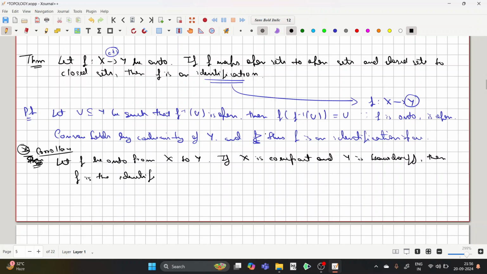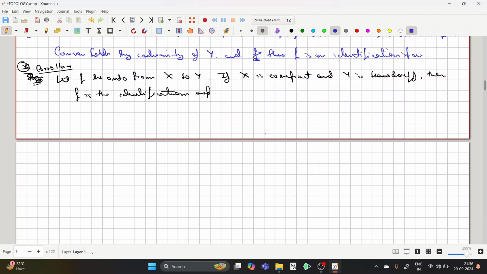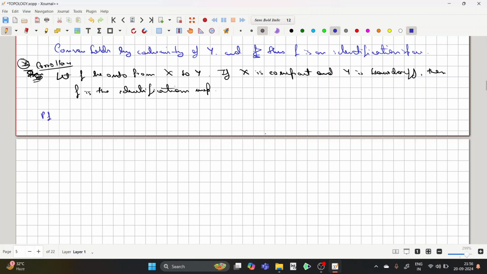Okay. So the proof is that, simply, if I show that f is a closed map, that f sends closed sets to closed sets, I am good to go.